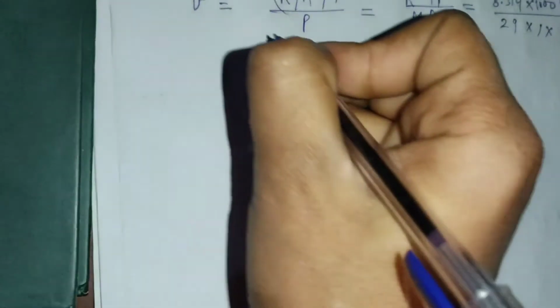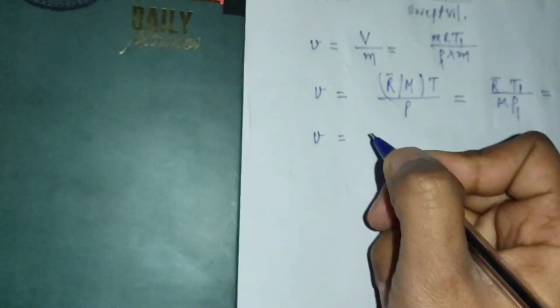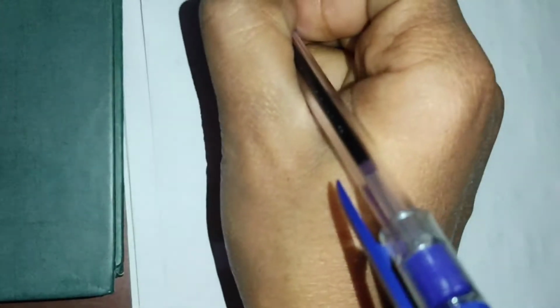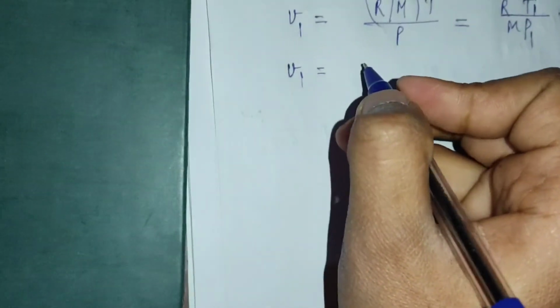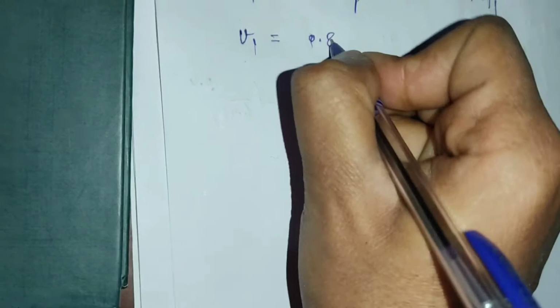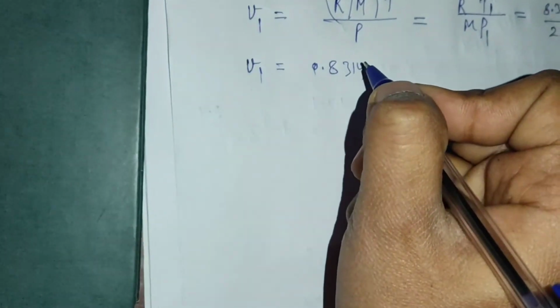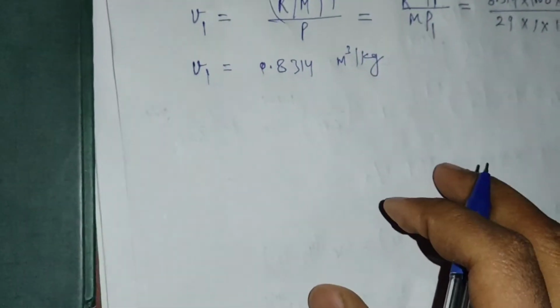So after calculating specific volume, which is v1, v1 will be equal to 0.8314 meter cube per kg.